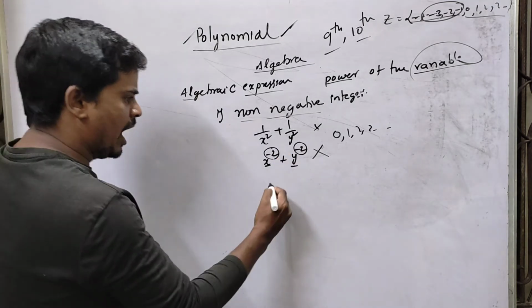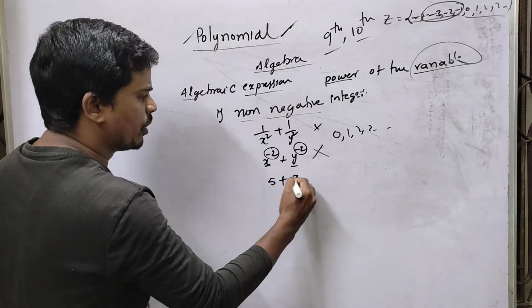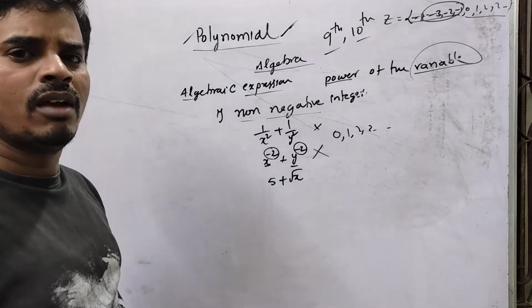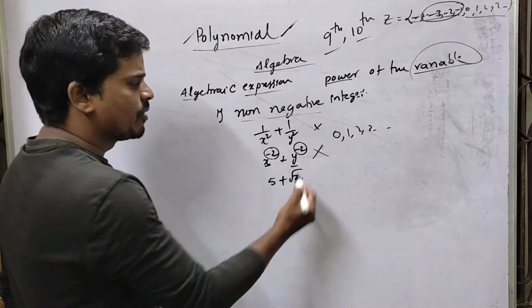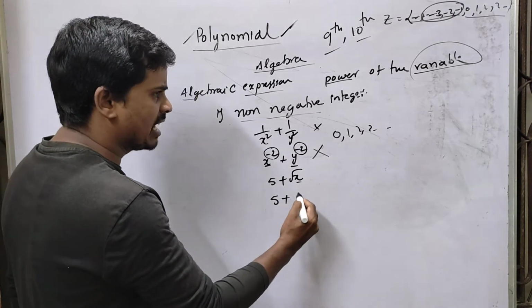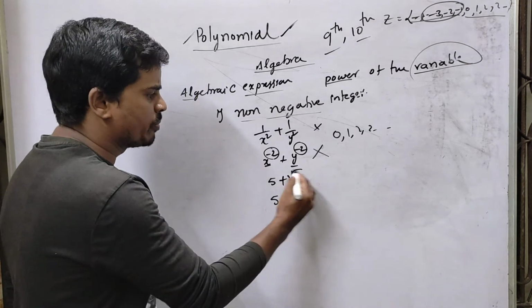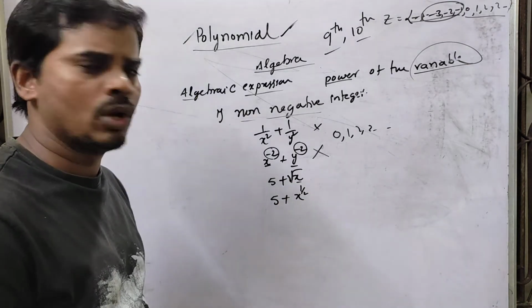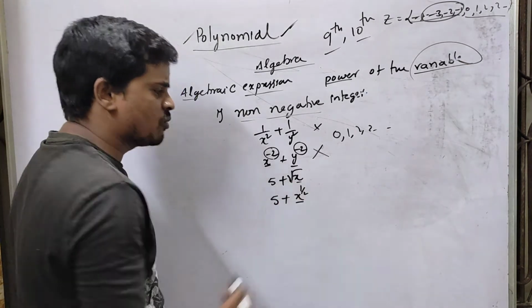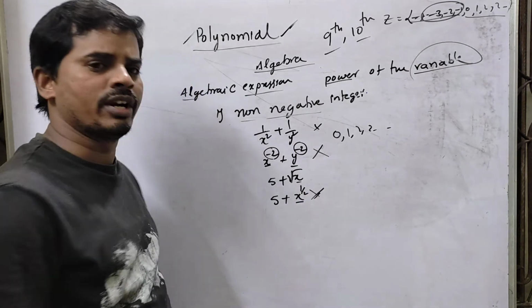And one more example for you: 5 plus root x. Here x is the variable. Root x can be written as x power 1 by 2. Square root means power 1 by 2. So now x has power 1 by 2, so it is not a polynomial, students.